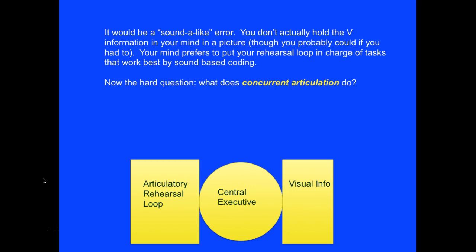Now, Alan Baddeley and others wanted to provide evidence that visual and sound information is separate. And they wanted to understand if their model of working memory was moving toward correct.